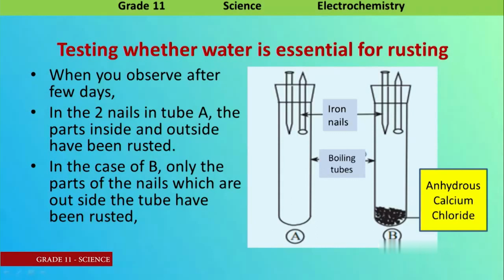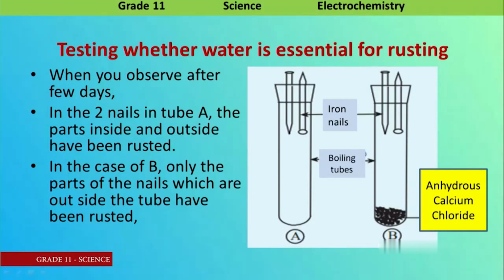Then when you observe after a few days, you will observe that in tube A, the parts inside and outside have both rusted. But in the case of B, only the parts of the nails which are outside the tube have rusted.